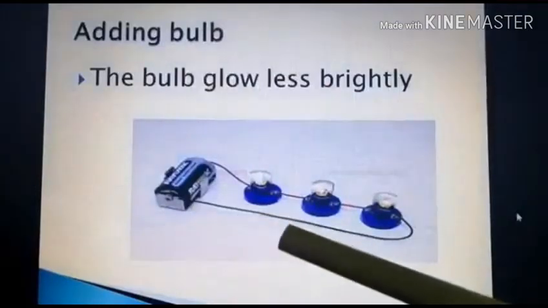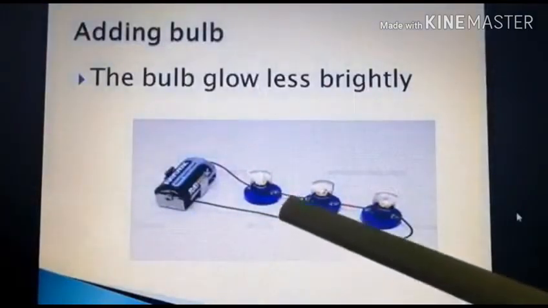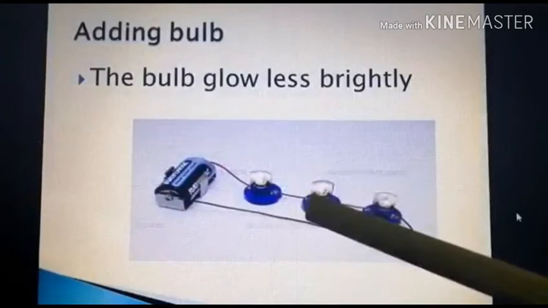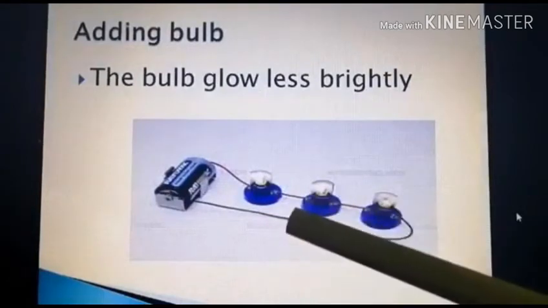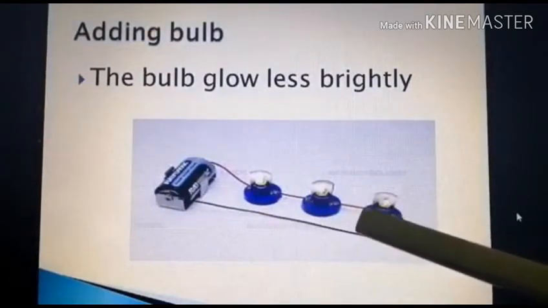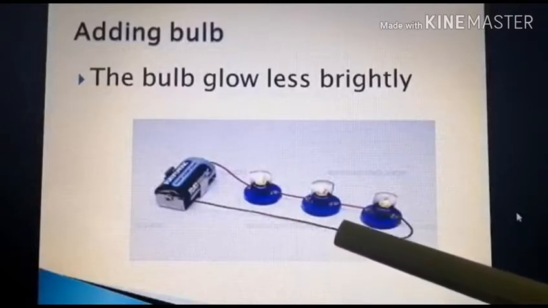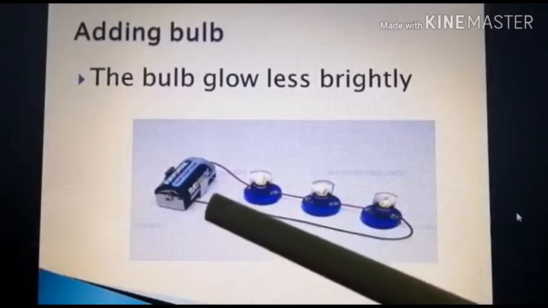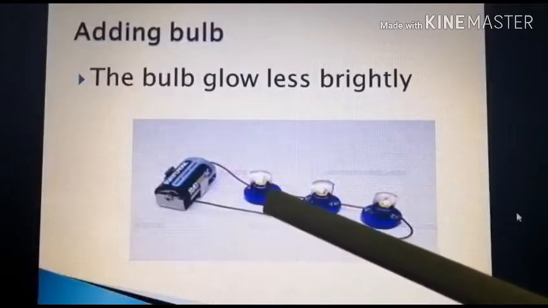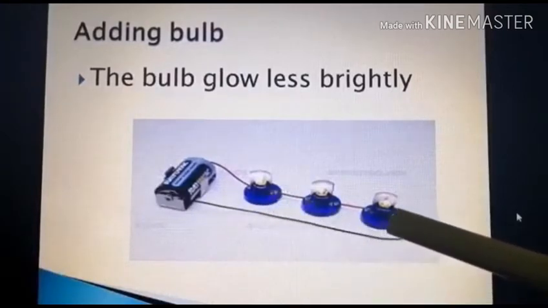Now look at this picture. Here are 3 bulbs. What about the brightness of these bulbs? You can see it is very dim. Why? Because this is a 3 volt battery and I am adding 1 more bulb here.